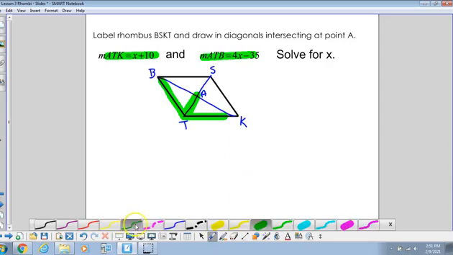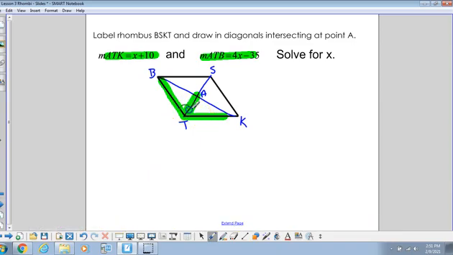We know that the diagonals bisect the angles. So this big angle BTK is split into congruent parts. So those two parts are equal to each other. Angle ATK is congruent to angle ATB. So that means x plus 10 equals 4x minus 35.